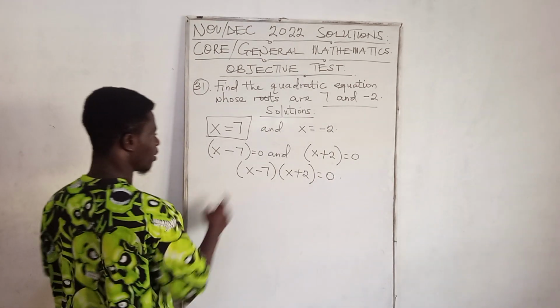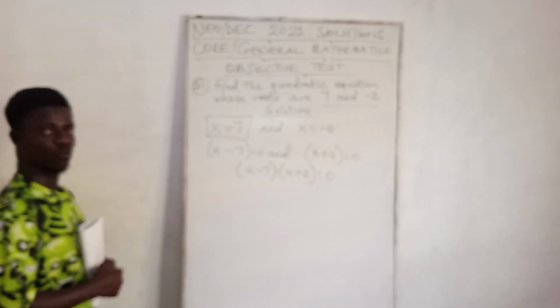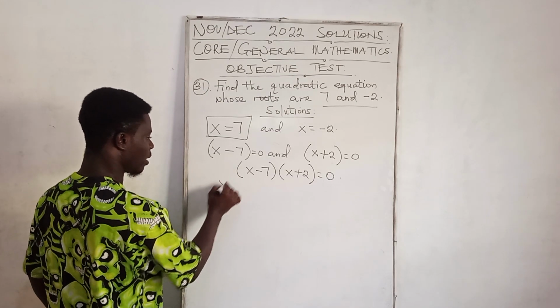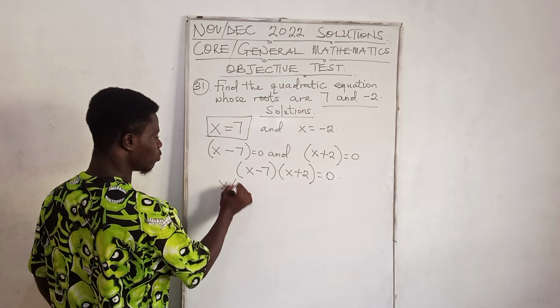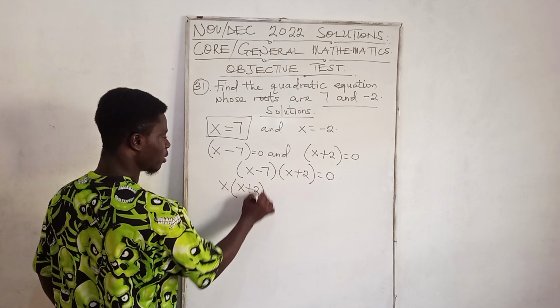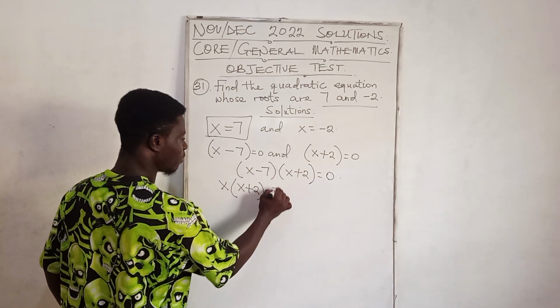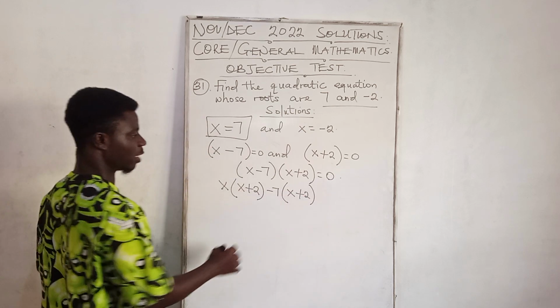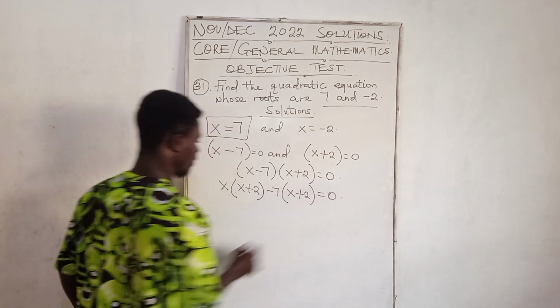This is a multiplication of two binomials. So we bring this first variable x and use it to multiply the expression, then negative 7 also multiplies the expression x plus 2, then we equate it to 0.